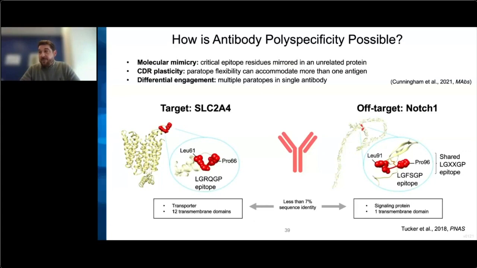Further investigation revealed that a shared LGXXGP peptide comprised an off-target epitope that exhibited some combination of molecular mimicry and CDR plasticity, and led to a really unexpected and potentially dangerous result for this molecule if it were to go into clinical trials.